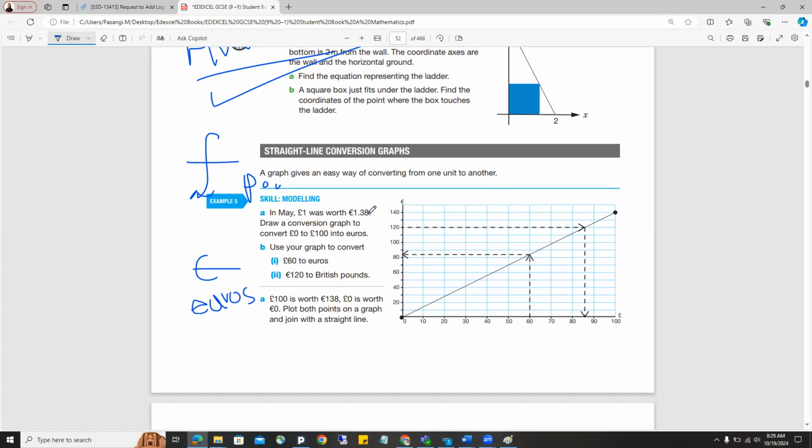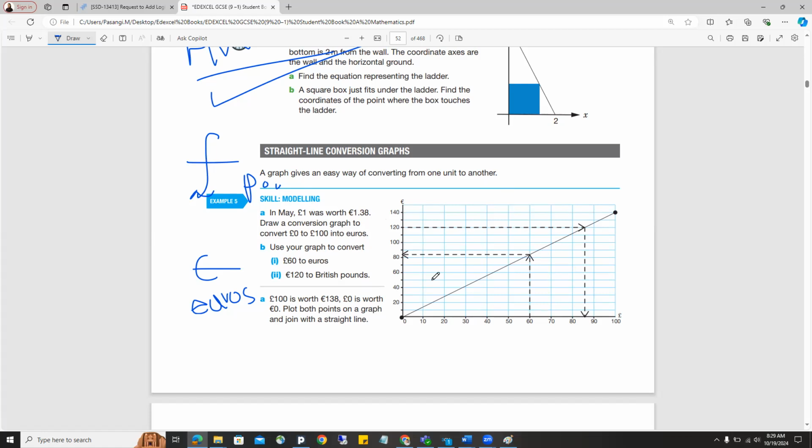Now, skill modeling. In May, £1 was worth 1.38 euros. Draw a conversion graph to convert 0 to 100 pounds into euros.